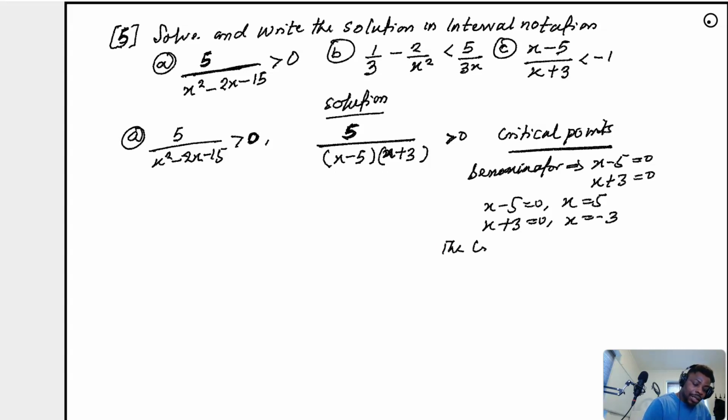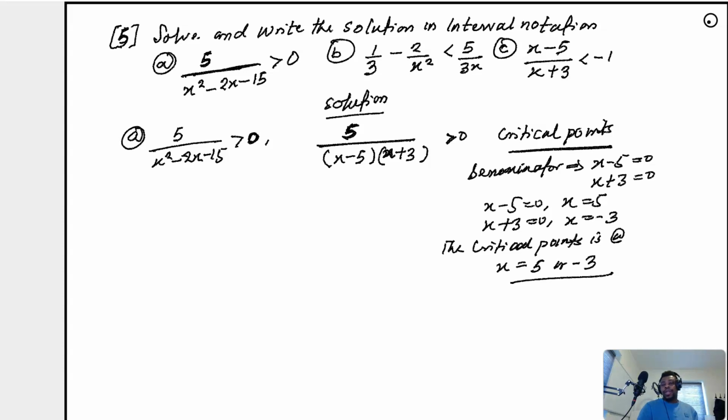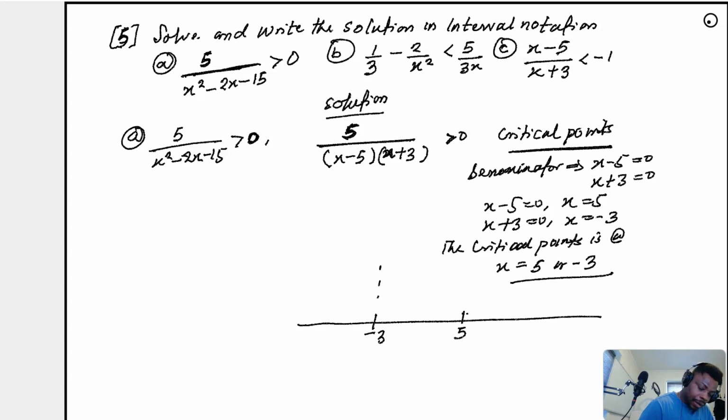So the critical points are at x equals 5 or minus 3. What we need to do now is put this on a number line. So this is minus 3 and this is 5, okay?